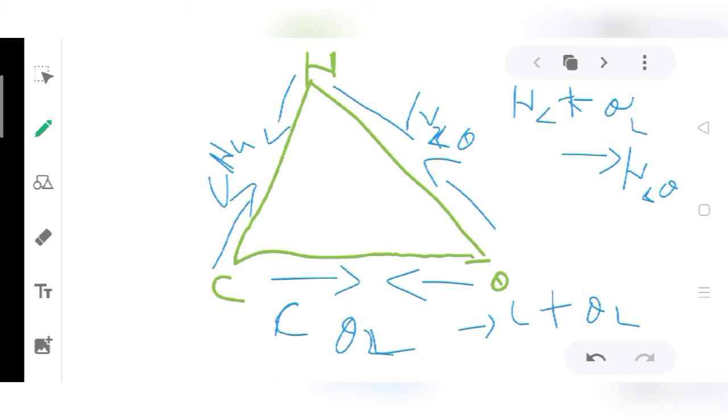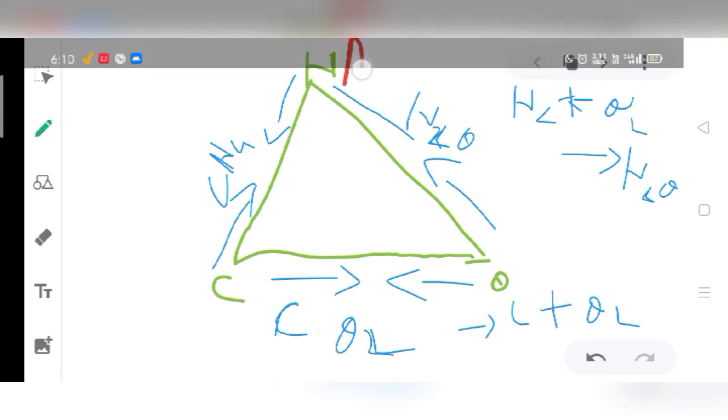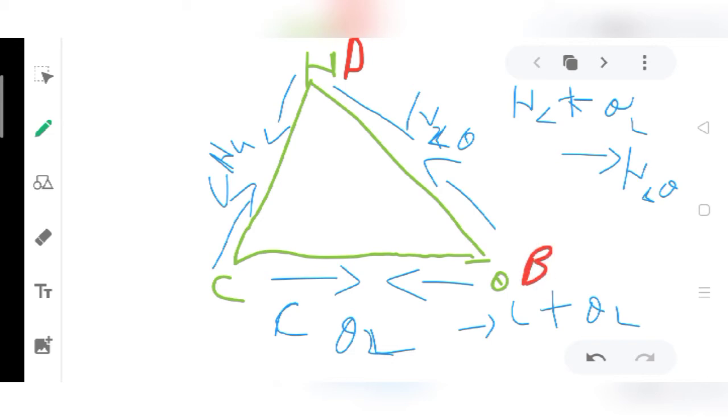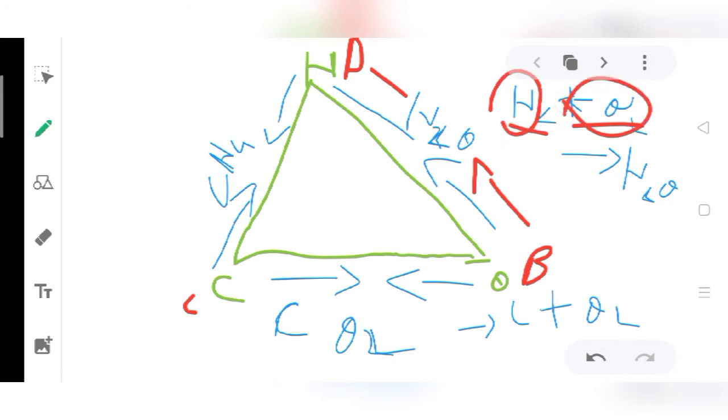Here we take this as element A, this as element B and this as element C. The law suggests that if two elements A and B combine separately, that is H2 and O2, with a fixed weight, both of these have their own fixed weight.